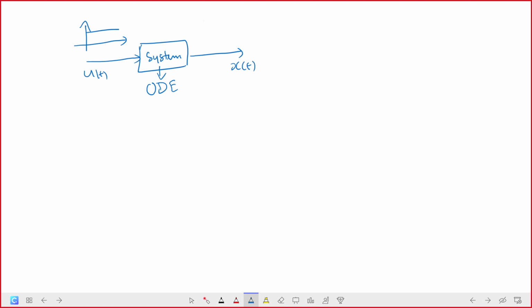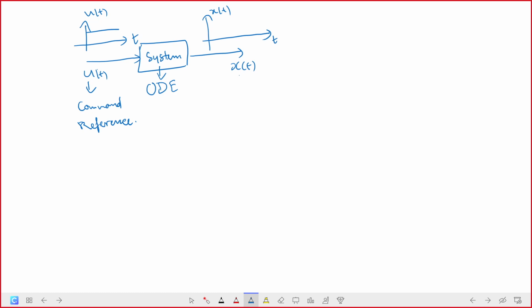So we want to control, I mean, we want output h of t to approach the input. We can call it input, or we can call it command, or we can call it reference, which means for this control system design, we want h of t to approach u of t.